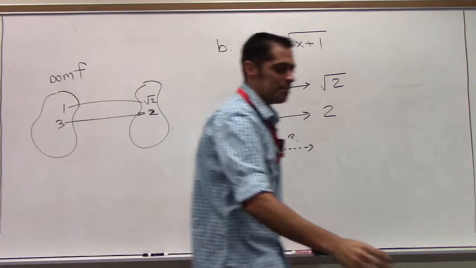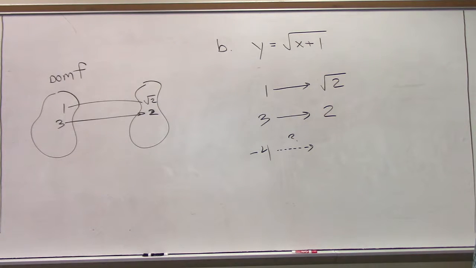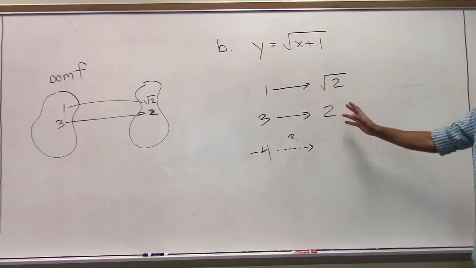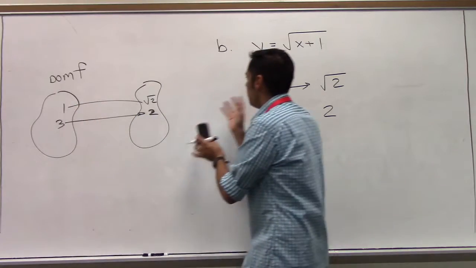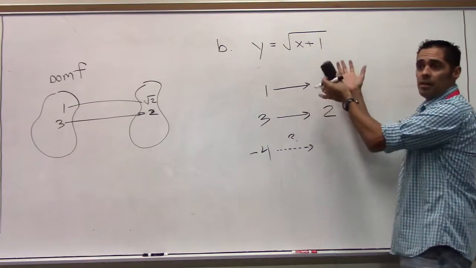I'll scroll back up to the definition of domain, because now you can see what I'm saying. The set X is all the values for which the function is defined. That's the key. For us in this problem, our domain is only the numbers you are allowed to plug in that make sense over here.